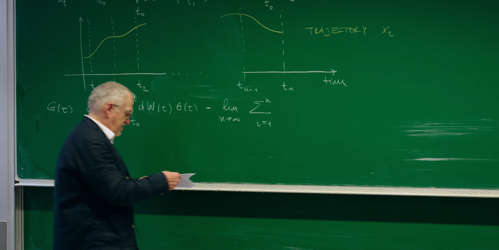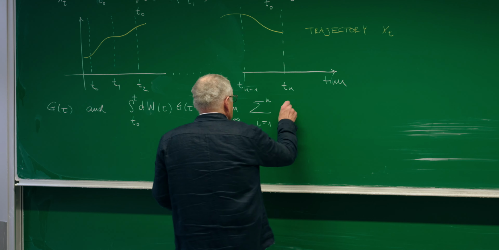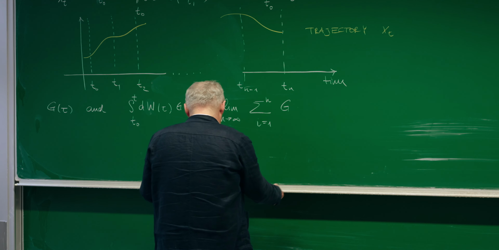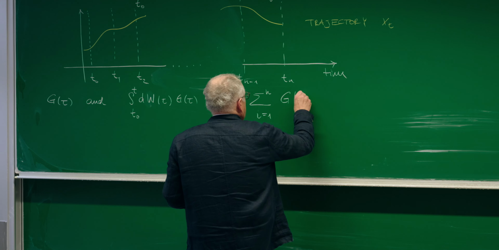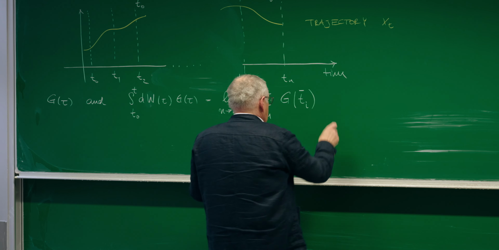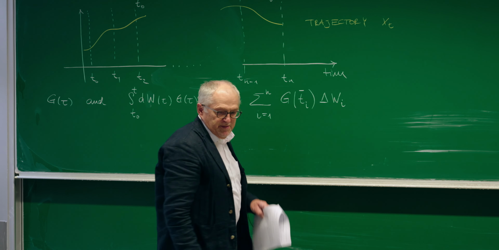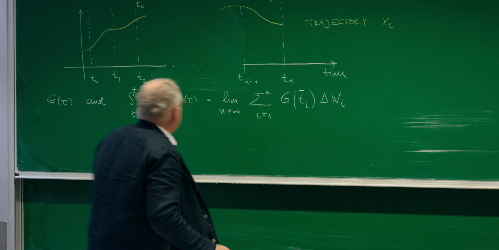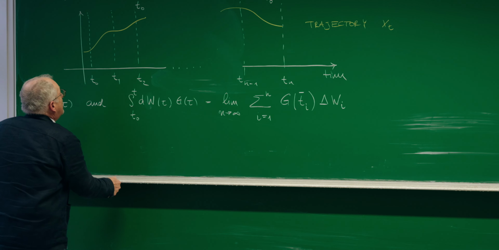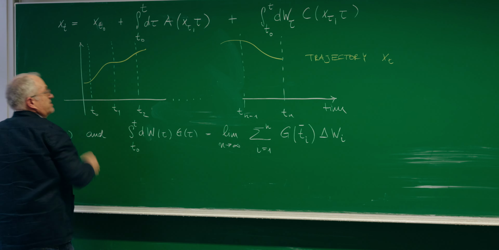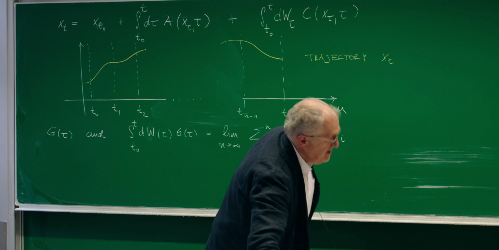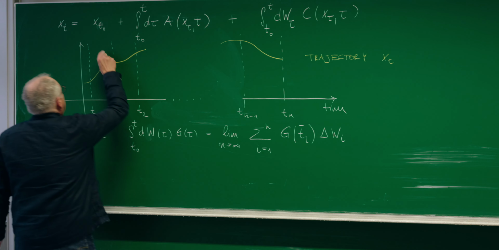You can say, well, let's choose the g here at some points I call ti bar, and the w's here at the time points that I indicated, and the ti bar are just some intermediate values that you can choose here.